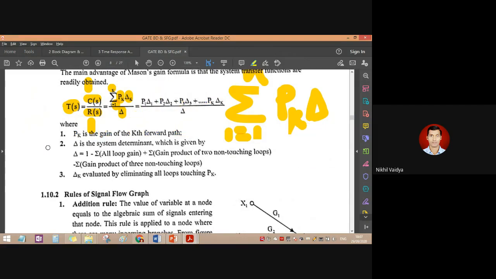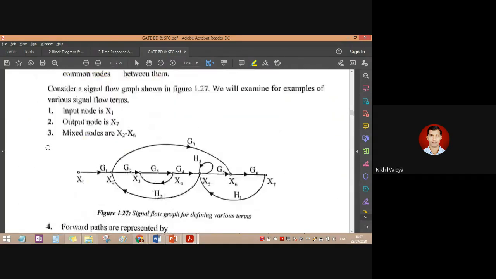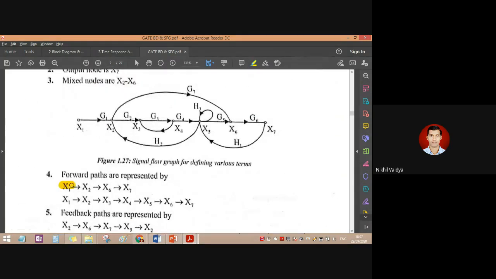If we consider our previous figure, how many forward paths did we have? There were two forward paths, x1, x2 to x7. If I ask you the forward path gain of this particular path, we just multiply the branch gains together.